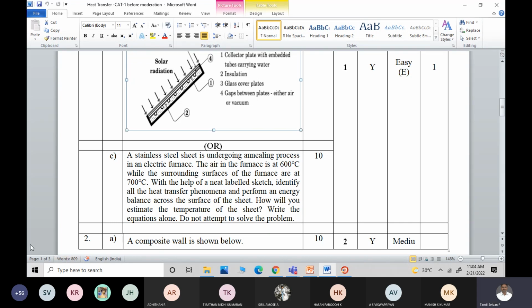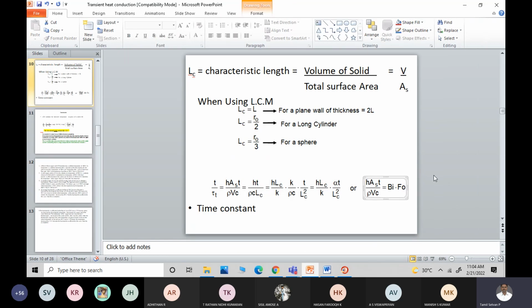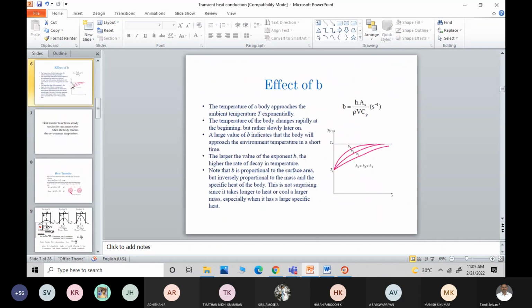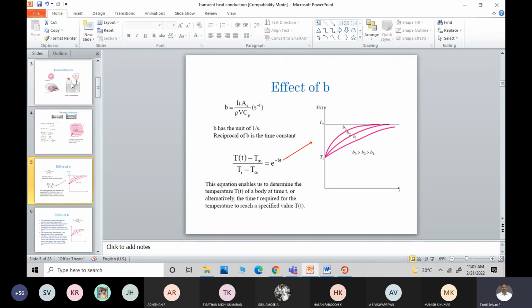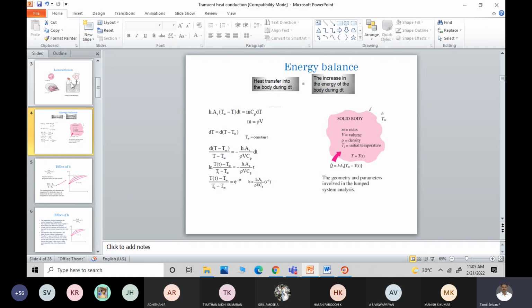Whatever we have studied here: hA del T dt is equal to mCp dT. This is nothing but the heat transfer into the body during time dt, which is equal to the increase in energy.